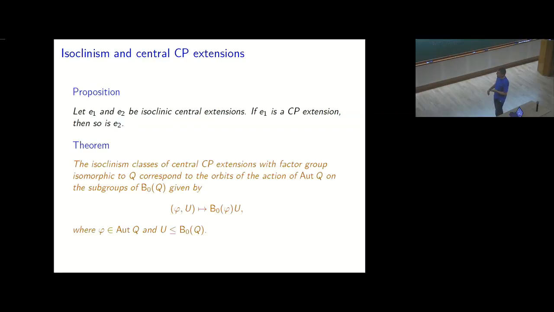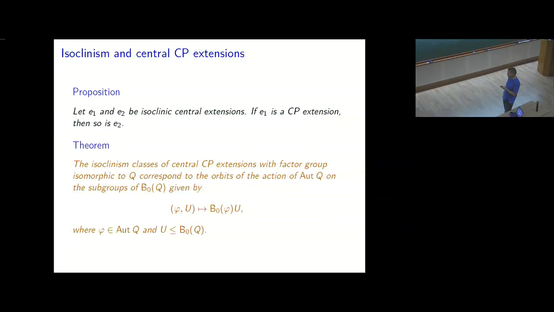And here is a theorem which basically describes how many of these isoclinism classes of CP extensions there are. So basically, B naught again comes into play. What you have to do is consider the action of the automorphism group of Q on the subgroups of B naught.